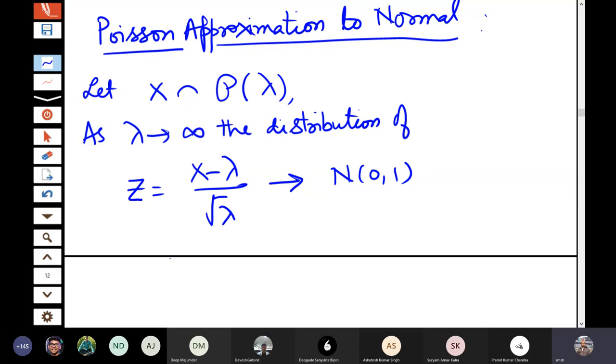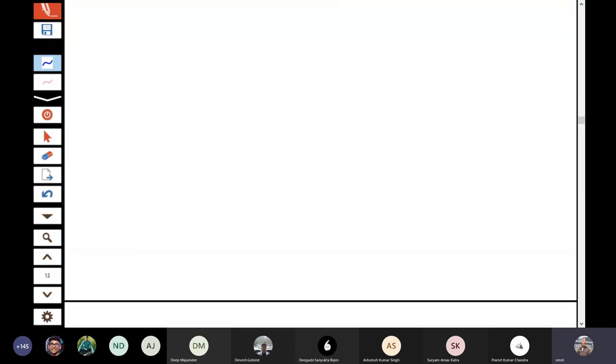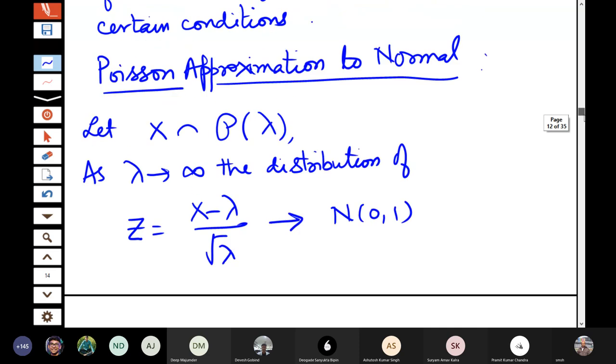Let us look at the proof of this. These are some of the basic limit theorems. This is known as the de Moivre-Laplace limit theorem.